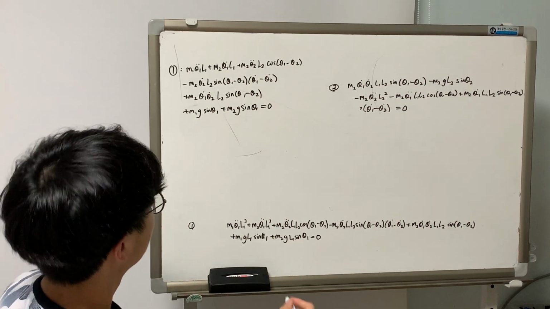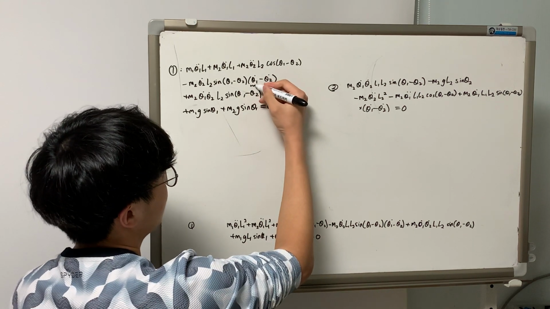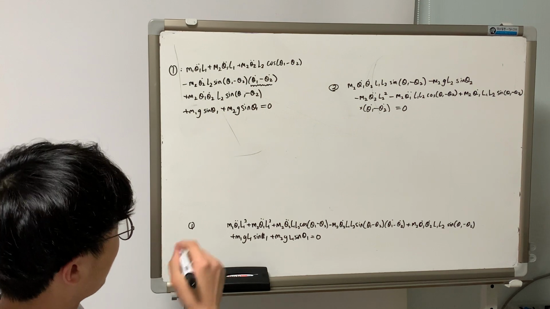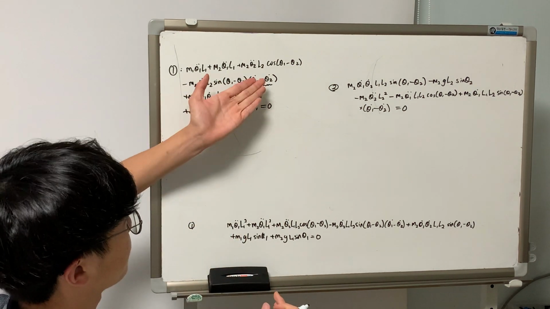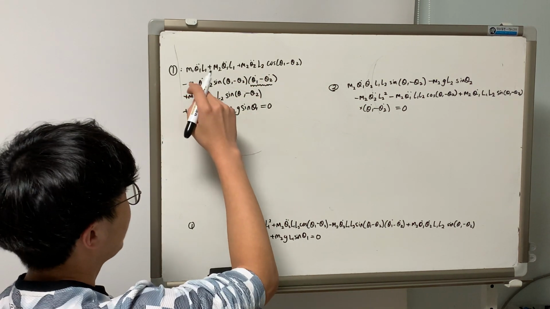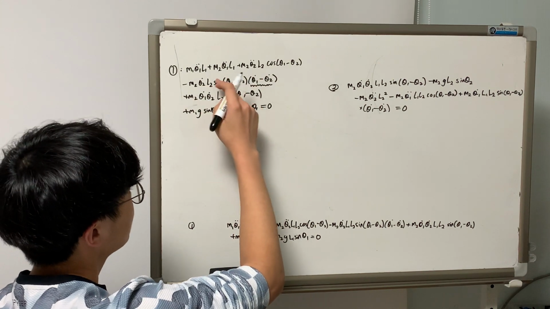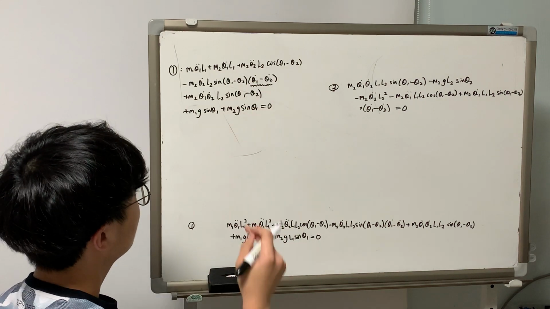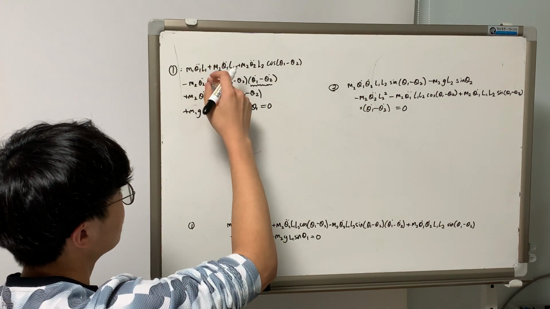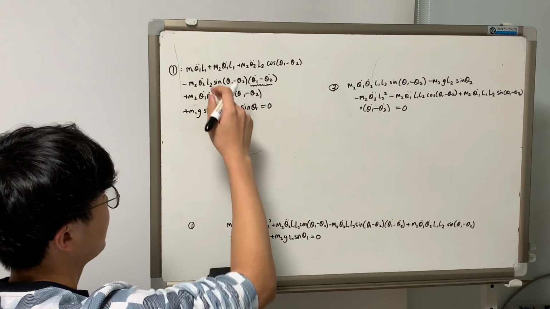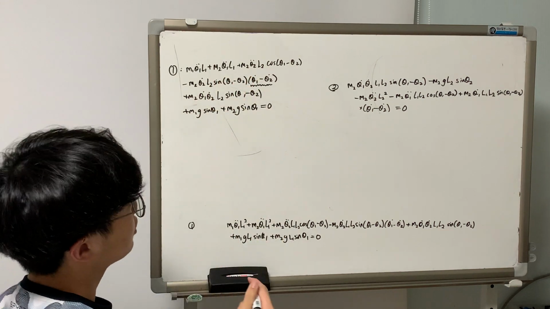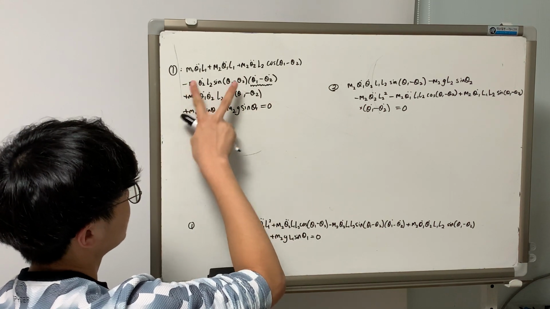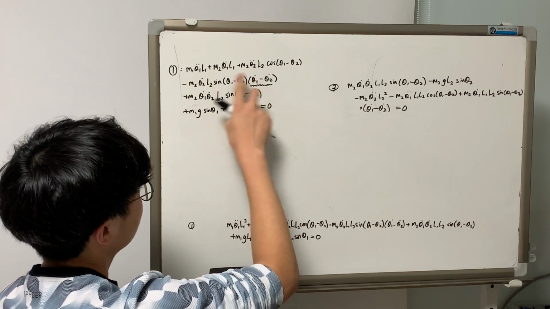Now, let's look at this part over here. When we imagine expanding this term out, we're going to have minus M2 times theta 1 dot, theta 2 dot, L2 sine theta 1 minus theta 2, and plus M2 theta 2 dot squared, L2 sine theta 1 minus theta 2, because we multiply this by that, and this by that, and get the minus.